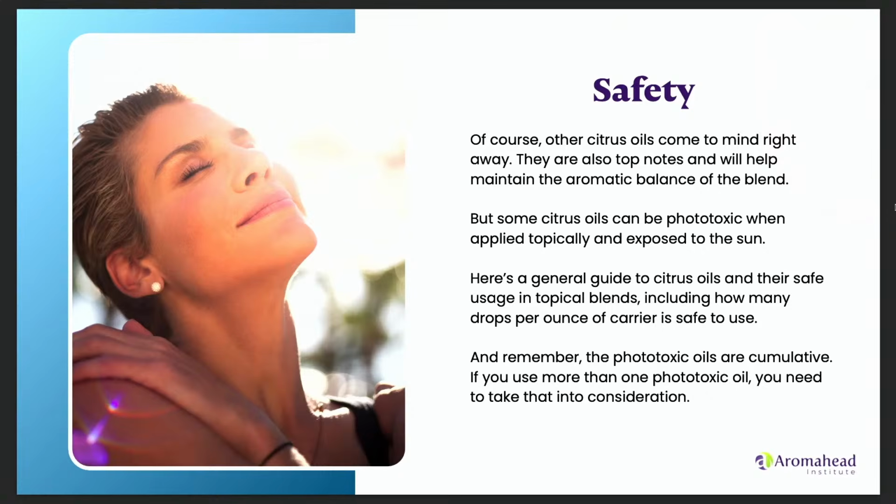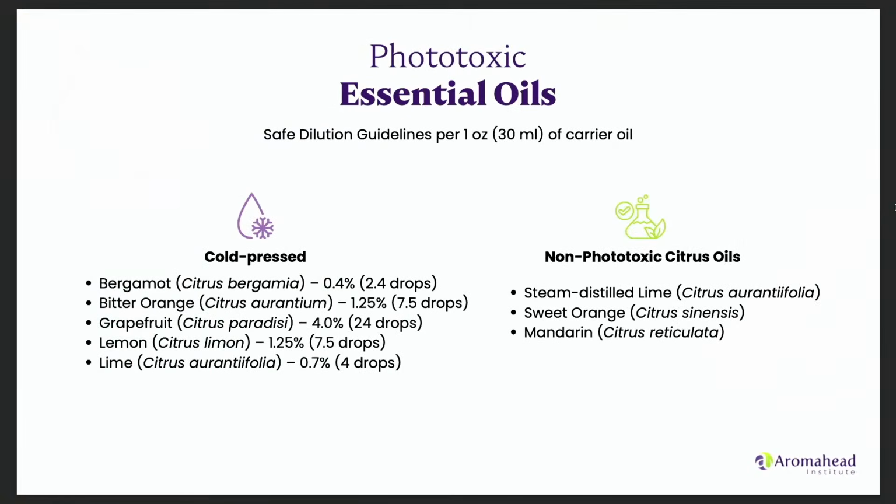And when I go to substitute, now here's a nice little chart. So our cold pressed essential oils of our citruses, okay? Everybody, I saw so many people who loved bergamot. Bergamot is their favorite, their go-to.